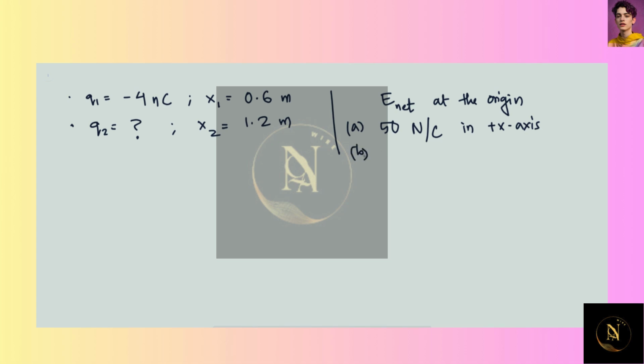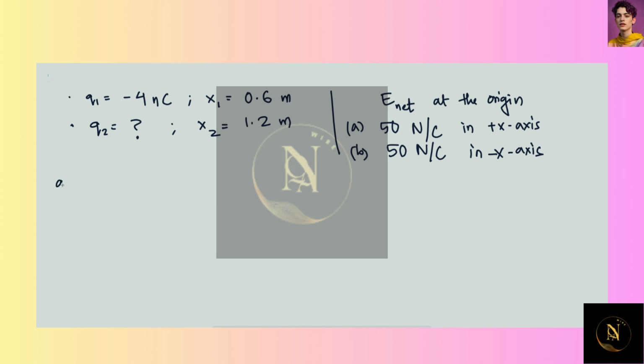In the second case, the net electric field at the origin should be 50 Newton per coulomb, but in the negative x-axis. So in both cases, the magnitude of the electric field is the same, but the directions are different.